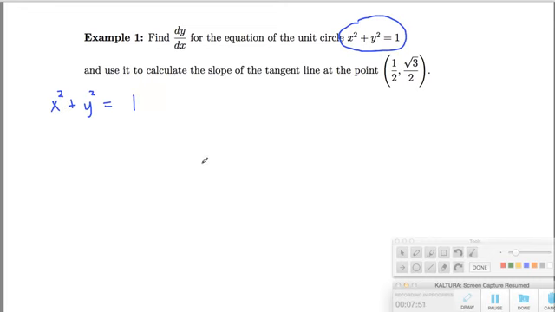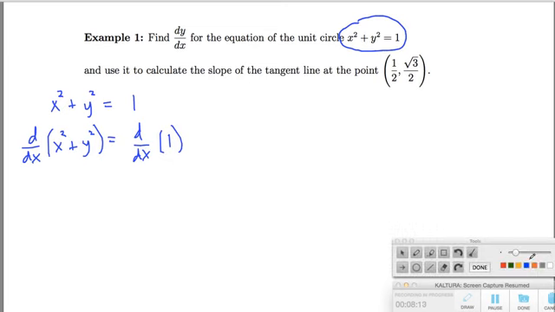And the way you do implicit differentiation is you just take the derivative with respect to x on both sides of the equation. That's the technique. Now remember, you can do a lot of things to an equation as long as you do it to both sides. So here we go.